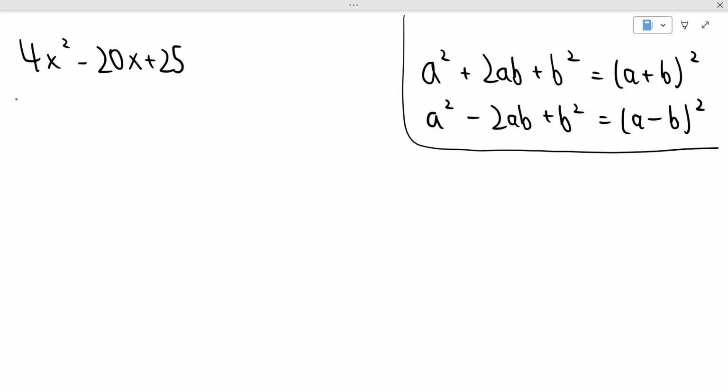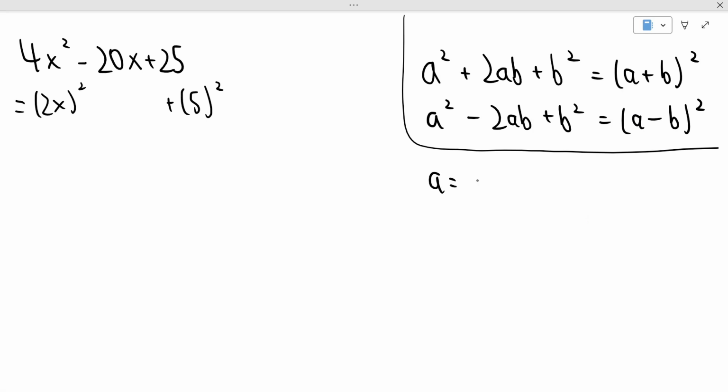We can rewrite 4x squared as parentheses 2x squared and 25 as 5 squared. Notice that the minus 20x term that we haven't rewritten as a square has a minus sign, so this means we'll be using our second formula with the a squared minus 2ab plus b squared.